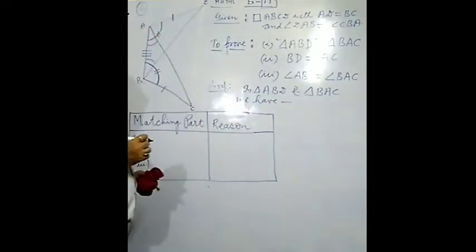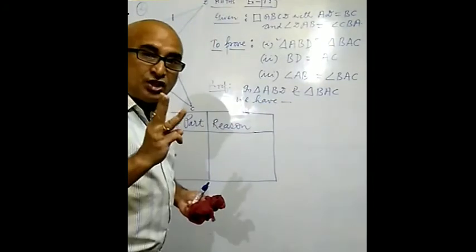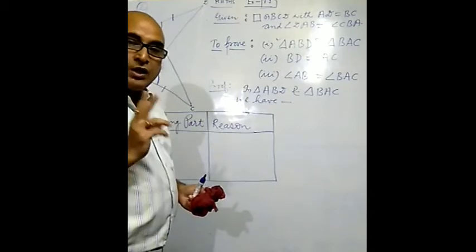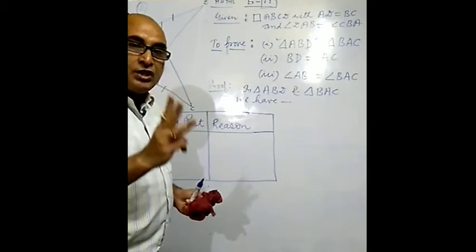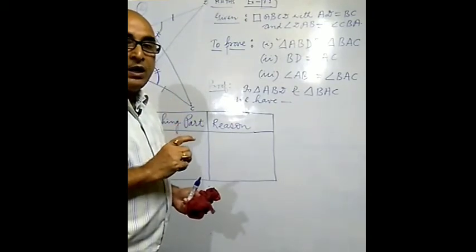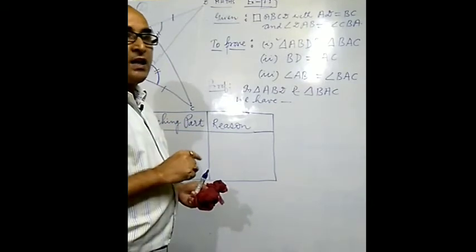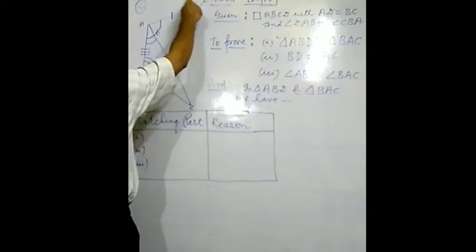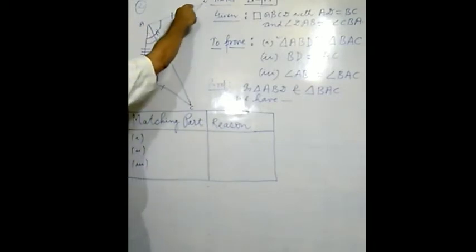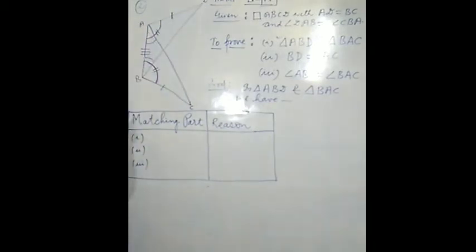What do we have? Three solid matching parts are required, and those are clearly given here. You may mark this AD of this triangle equal to this BC of this triangle.